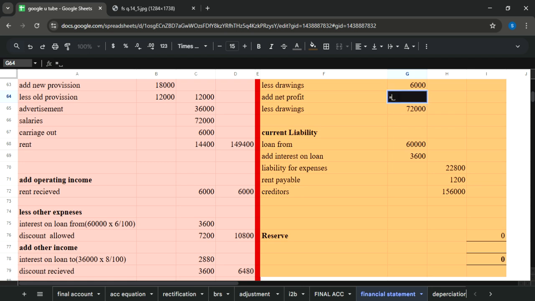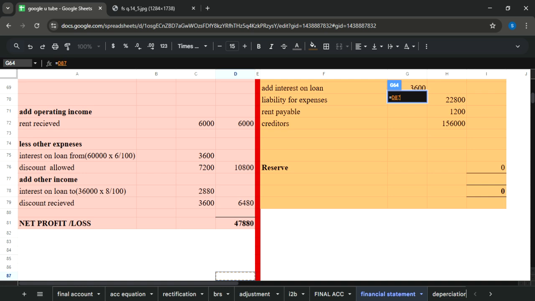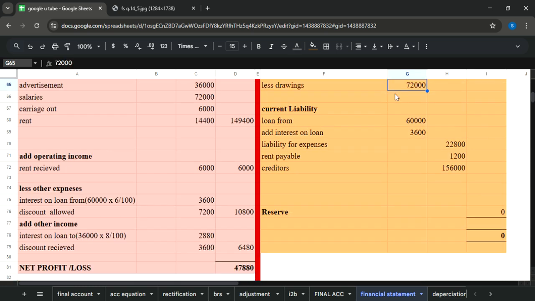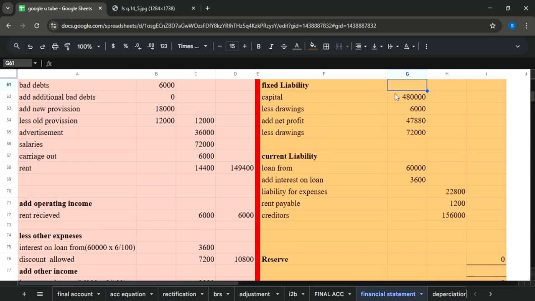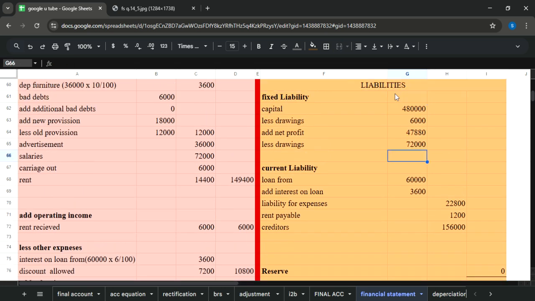How much net profit have you calculated? This was 47880 and that has been mentioned over here. So we may solve the asset side or the liability side, one and the same thing. 48 tetra 0 was capital. You will subtract first drawing 6,000.